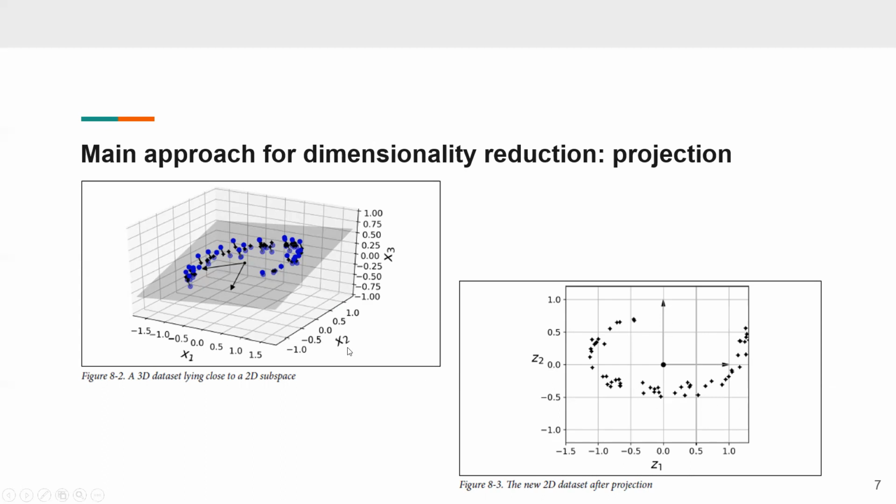Conceptually, this point corresponds to this one, and some of those, which is why it looks like this kind of curve, more like a C. So that's one approach, projection. We're using three dimensions to show you that you can project from three dimensions to two dimensions.